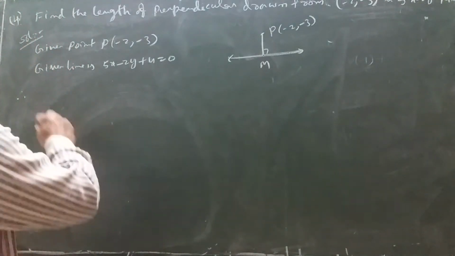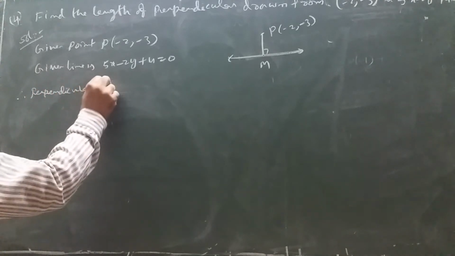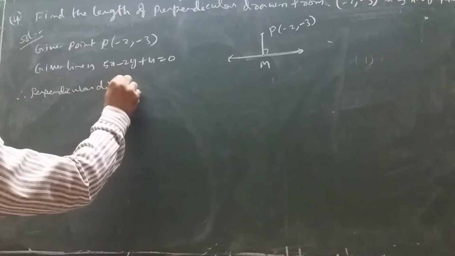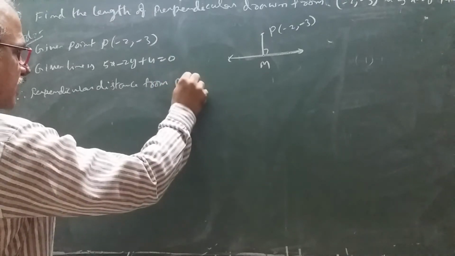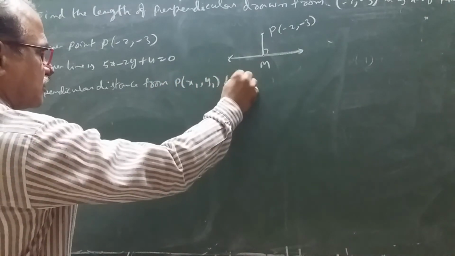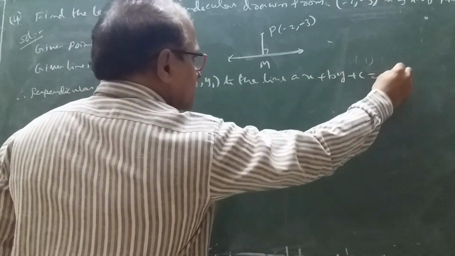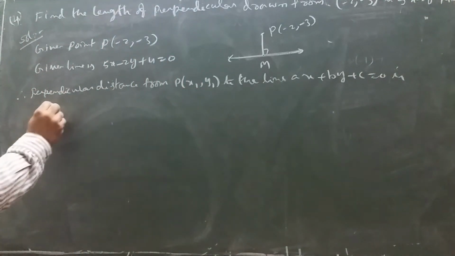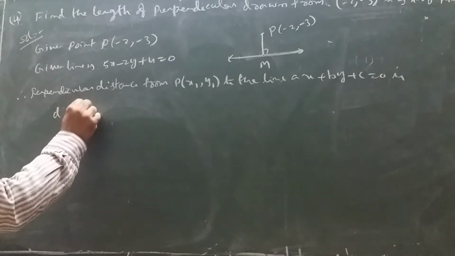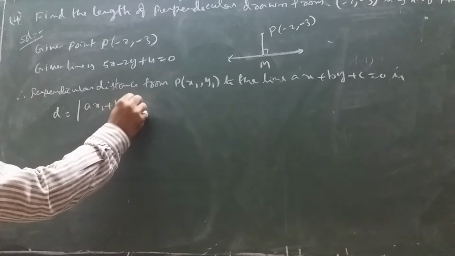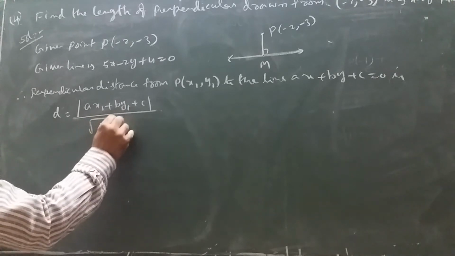The formula I will write: distance from P x1 comma y1 to the line ax plus by plus c is equal to 0 is d is equal to mod of ax1 plus by1 plus c by root of a square plus b square.